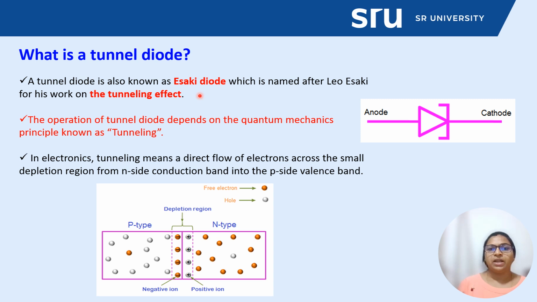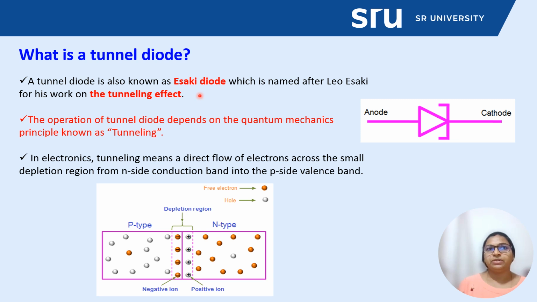So in 1973, this scientist Leo received the Nobel Prize in Physics for discovering this electron tunneling effect used in this diode.